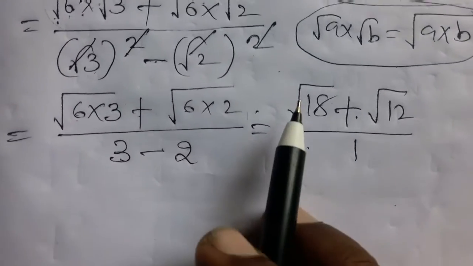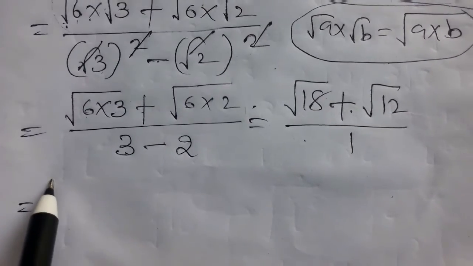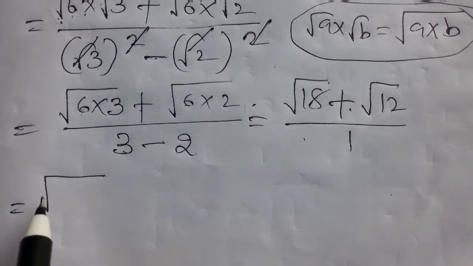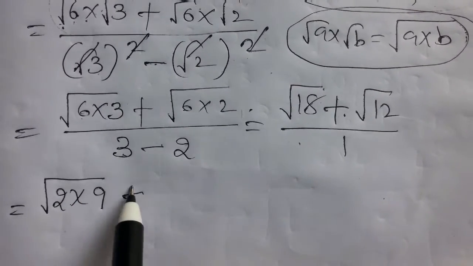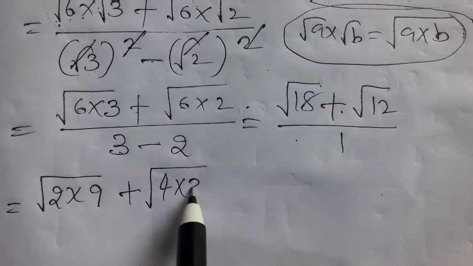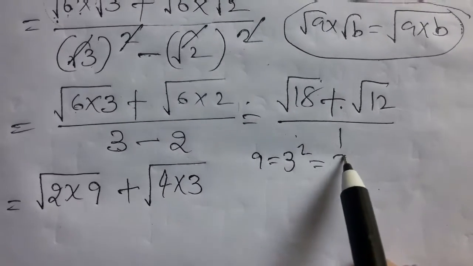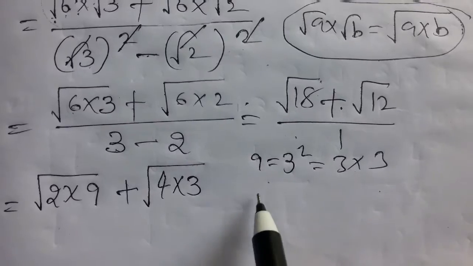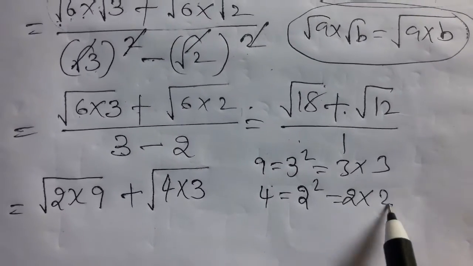Now this can be written as root 18 means 2 into 9, 2 9s are 18, plus root 4 into 3, 4 3s are 12. Here 9 can be written as 3 square, that is equals to 3 into 3, and 4 can be written as 2 square, that is equals to 2 into 2, 2 2s are 4.